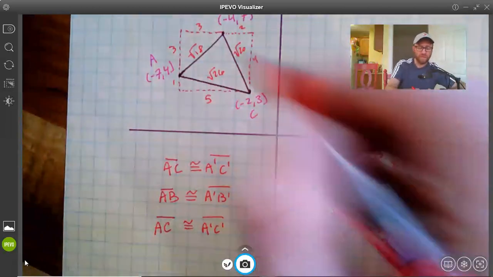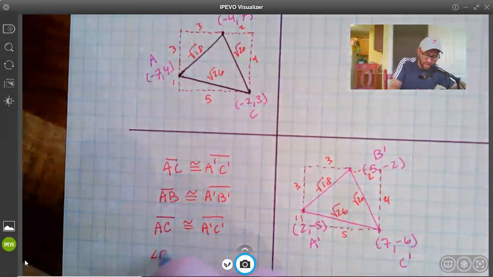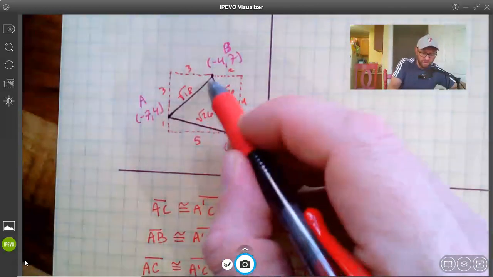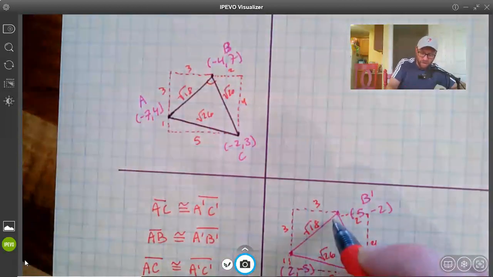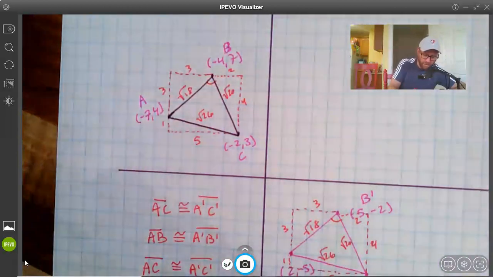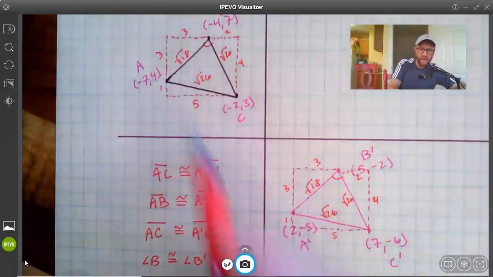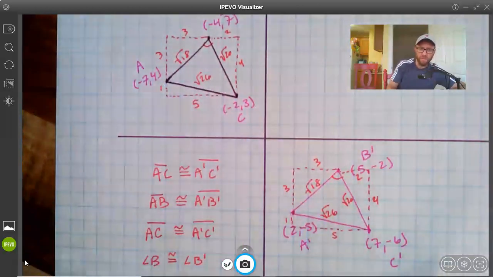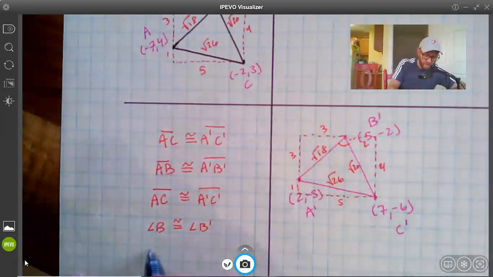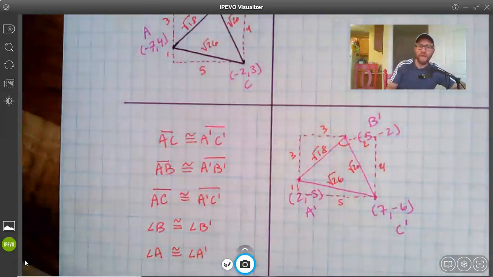So we would say that angle B here, which is up here, so that's this angle right here, is congruent to angle B prime. We'd write that like this, angle B prime. We know that angle A is congruent to angle A prime.